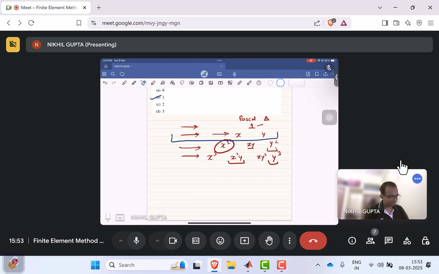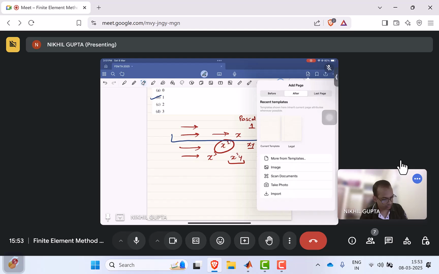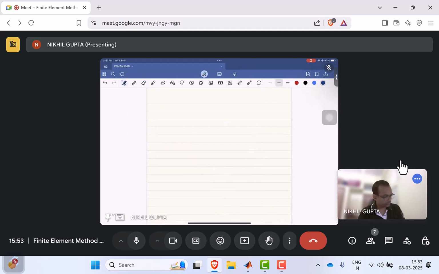Okay, so I'll ask you a few questions to tell me what will be the approximate function. Let's say we have an 8 noded rectangle element where 1, 2, 3, 4, 5, 6, 7, 8, and 9 is here. I'll write the Pascal triangle as well.